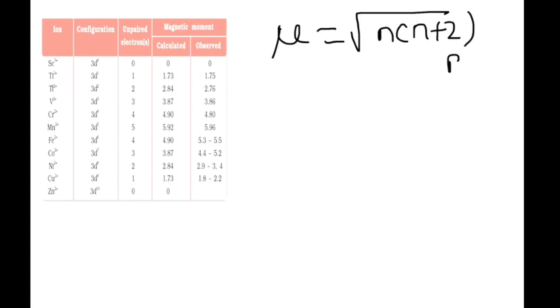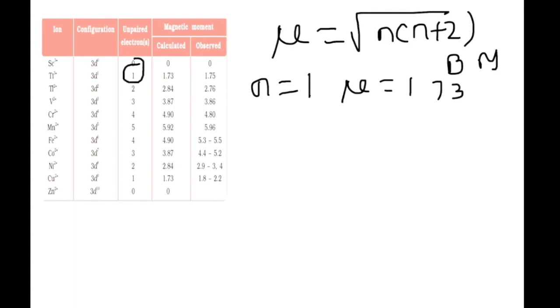The magnetic moment mu is equal to the square root of n into n plus 2, in Bohr magnetons, BM. If the number of unpaired electrons is 1, mu is 1.73. For 2 unpaired, mu is 2.84. For 3, 3.87. For 4, 4.90. For 5, 5.92.